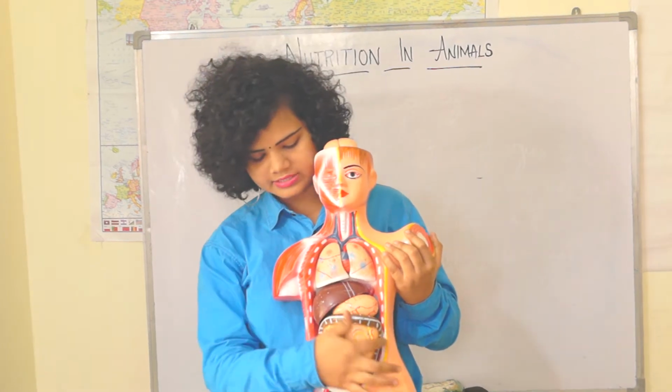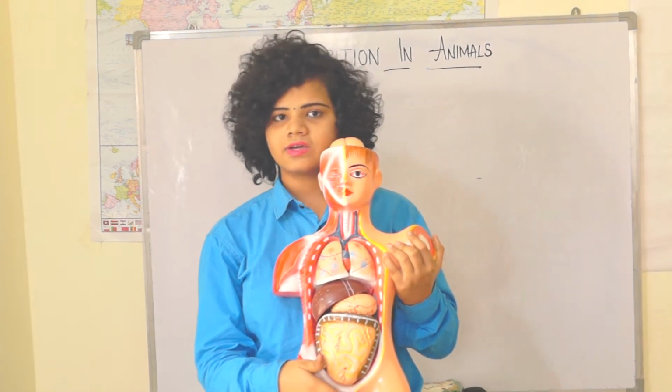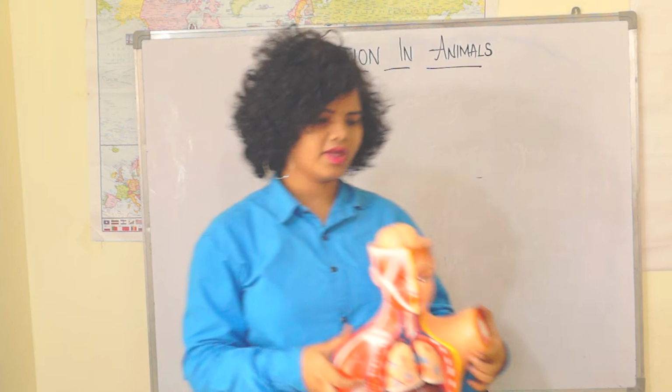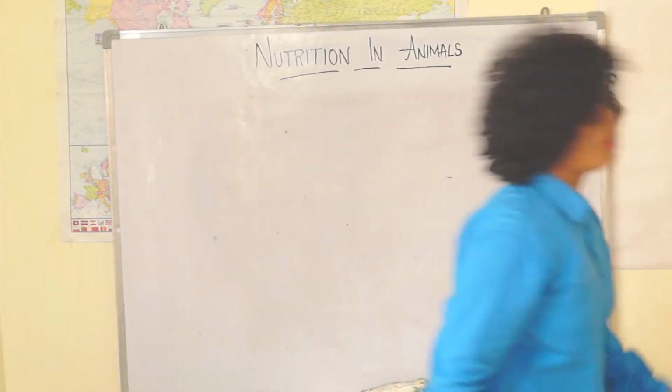So this is the large intestine, and again it enters into the rectum, and through the anus the waste comes out of the body. So these are the parts of the digestive tract.